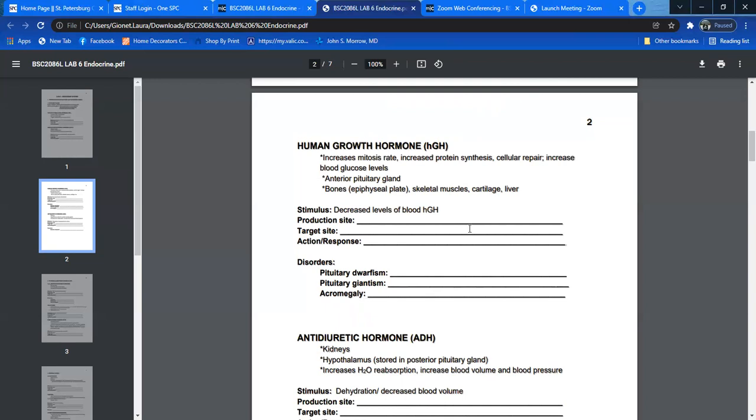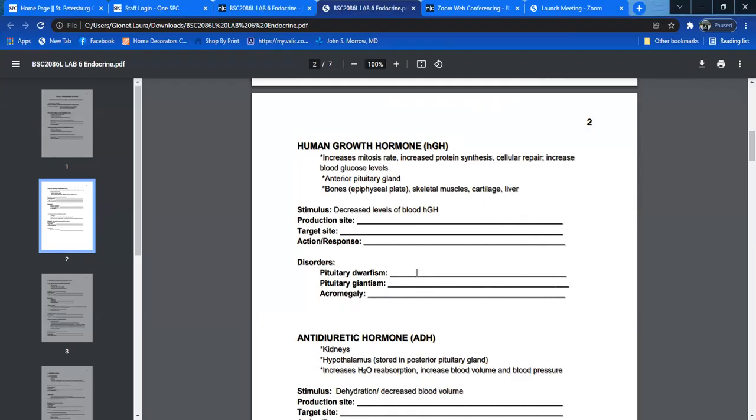Now, this isn't going to target necessarily another gland, but it will target general body cells. The production site is the anterior pituitary gland. Your target sites are bones, skeletal muscles, cartilage, liver, general body cells. Its action response is to increase mitosis rate, increase protein synthesis, cellular repair, and increase blood glucose levels to a certain degree.